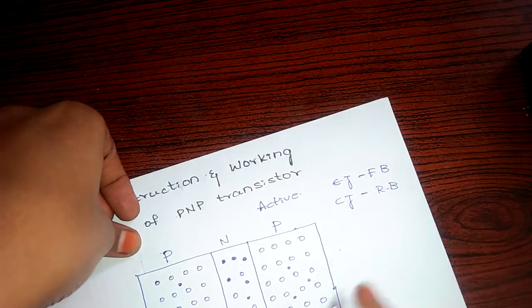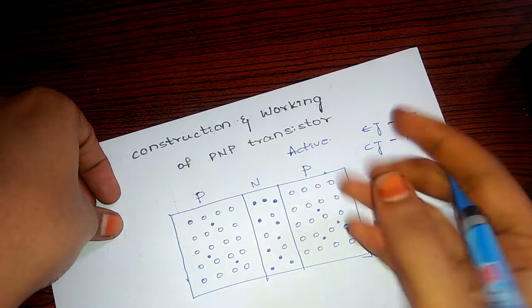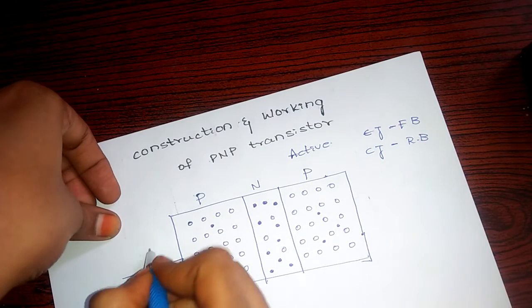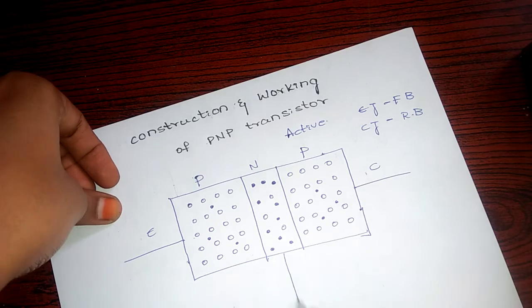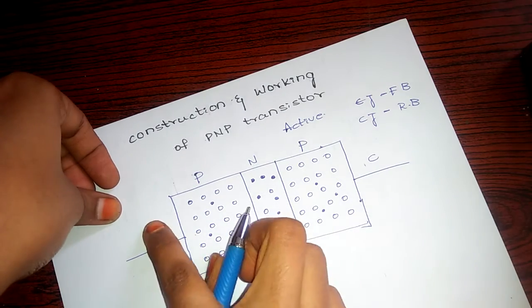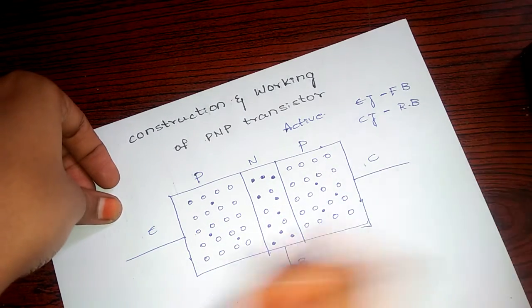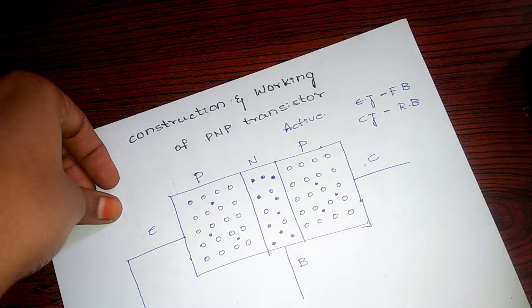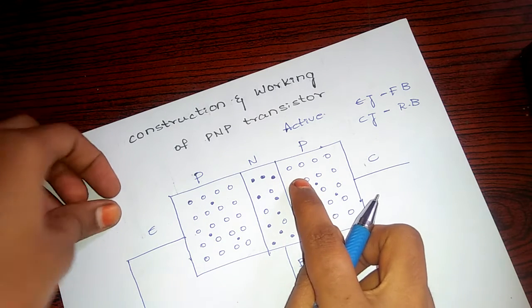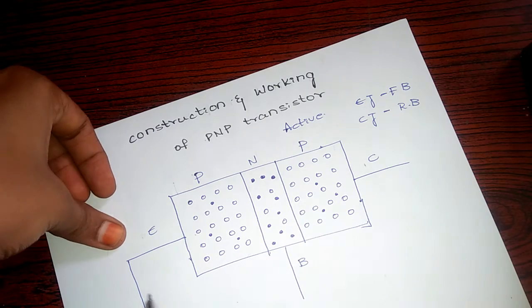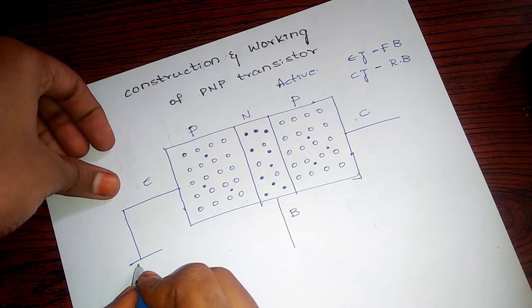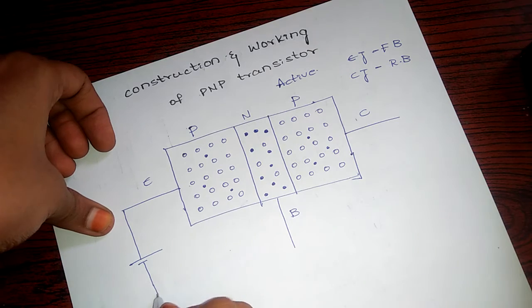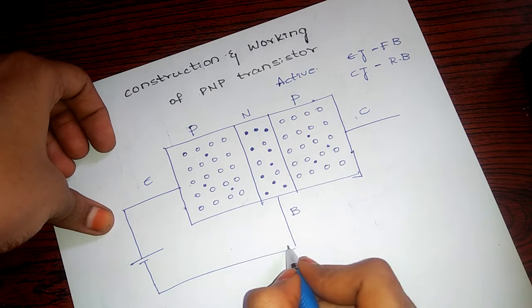Where is the emitter junction? This is emitter, collector, and this is base. So the emitter-base junction must be forward biased. To give forward bias, P gets positive, and as it is N type, it gets negative. This is nothing but forward biasing, right?